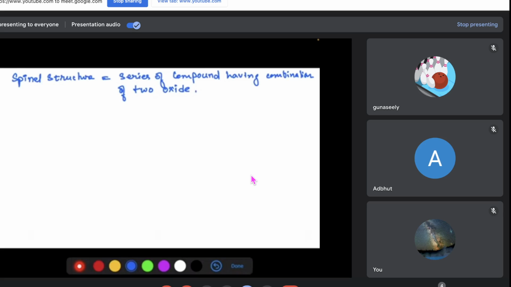So it is a mixed oxide of divalent and trivalent metal ion.